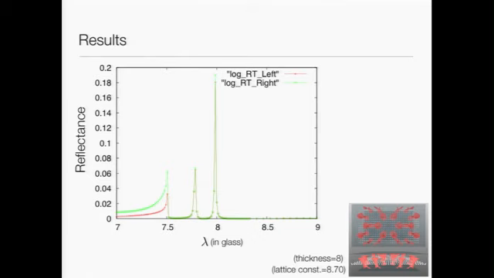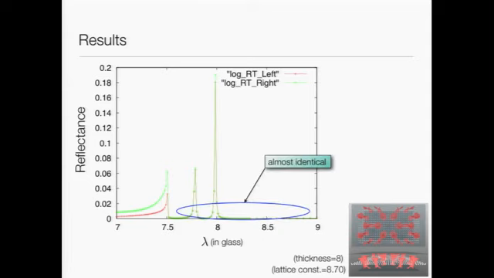In red I show the response to left circular light, and in green I plot the response to right circular light.